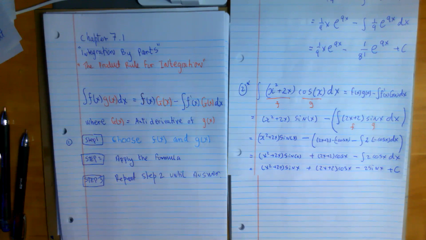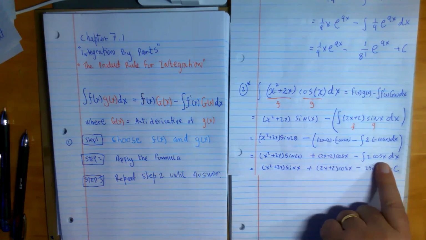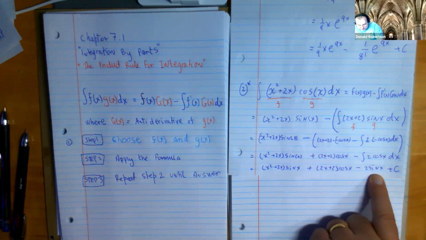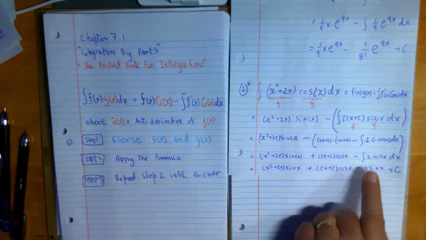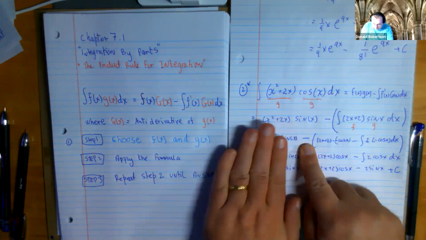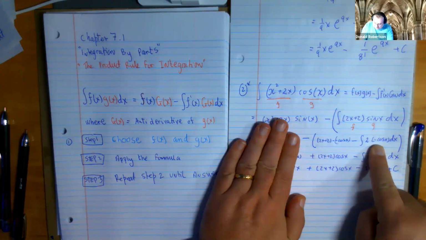Professor? Yes. I'm confused on the second to last line, how the integral of 2 cosine x is not negative. Going from the line above to the line below. Okay, we kind of explained it, but I got confused. There's a negative of this guy, which makes it positive, but then there's another negative cosine in here.